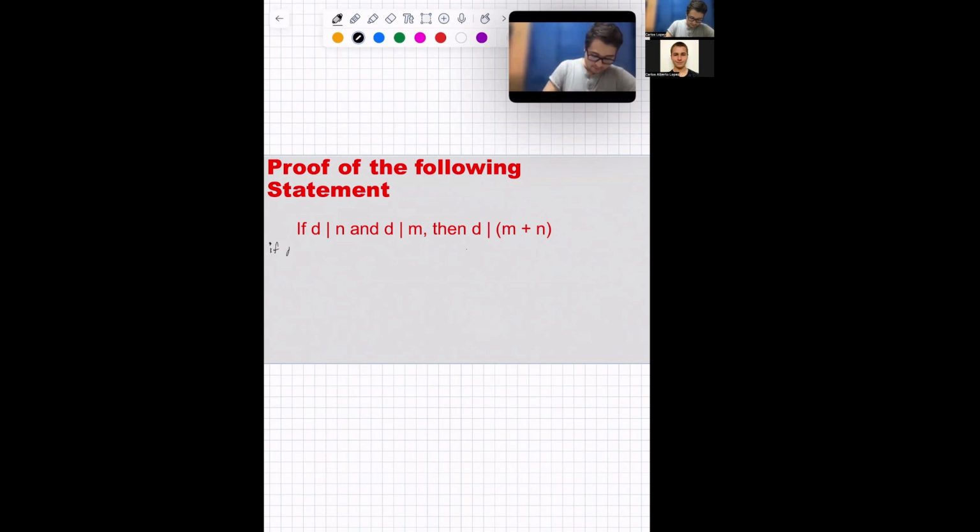So if d divides n, there exists an integer q1 in the integer set such that n is equal to d q1, right?